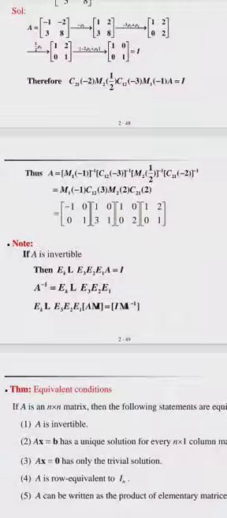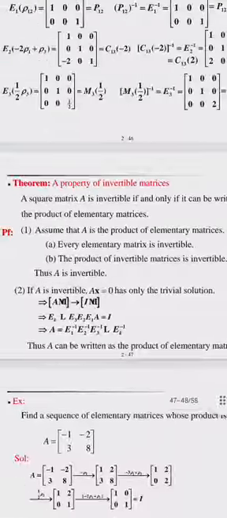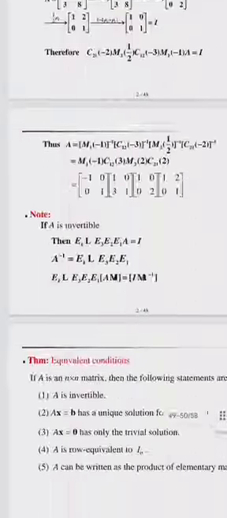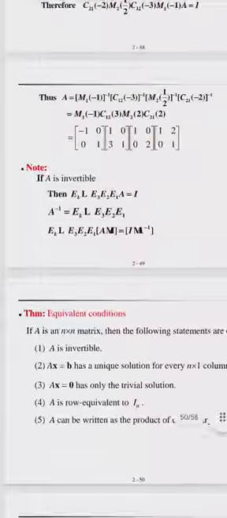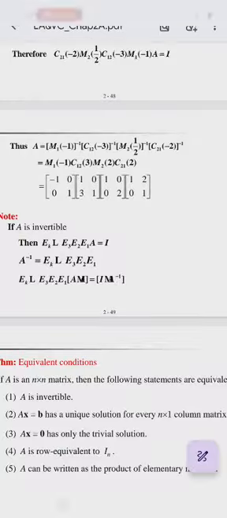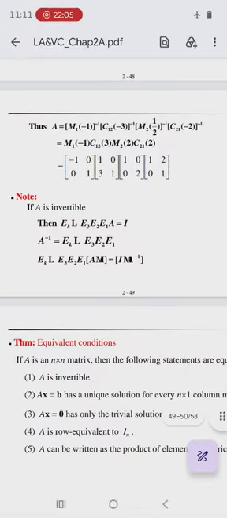I already explained these three conditions in the note. Applying the note to this elementary sequence, M1 of minus 1 is minus 1 0, 0 1, C12 of 3 is 1 3, 0 1, M2 of 2 is 1 0, 0 2, and C21 of 2 is 1 0, 2 1. This is the elementary sequence.